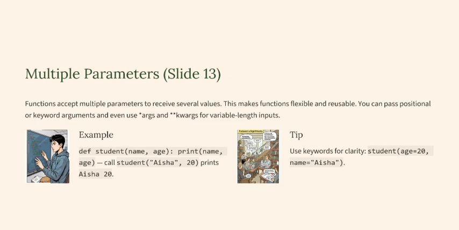When we call student Aisha, 20, the values are assigned: name is equal to Aisha, age is equal to 20. Multiple parameters make functions more flexible. Instead of creating separate functions for different situations, we can create one function that accepts different values.